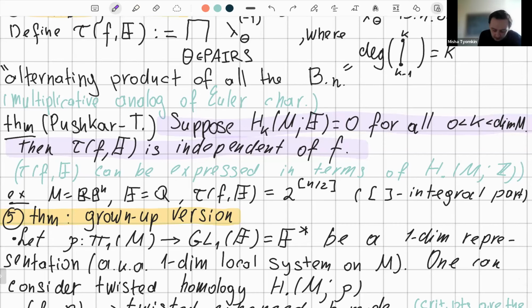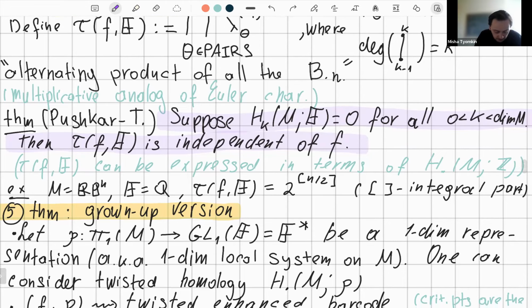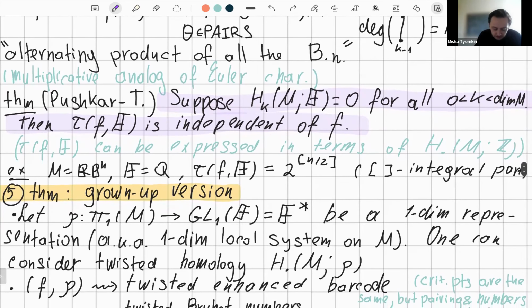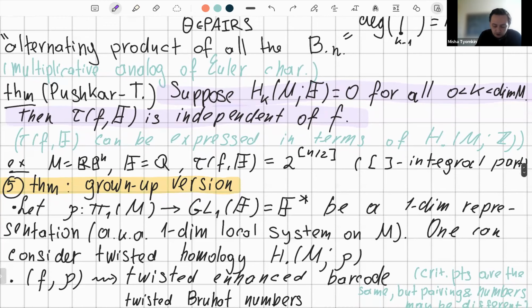So this is still a vector space over F. Okay, so now given the Morse function f and rho, the representation of pi1, we can construct in essentially a similar way, so I'm not giving the precise definition, but it is essentially the same, the twisted enhanced barcode, and hence we have the twisted Bruhat numbers. So this depends not only on the field, but also on this representation of pi1.